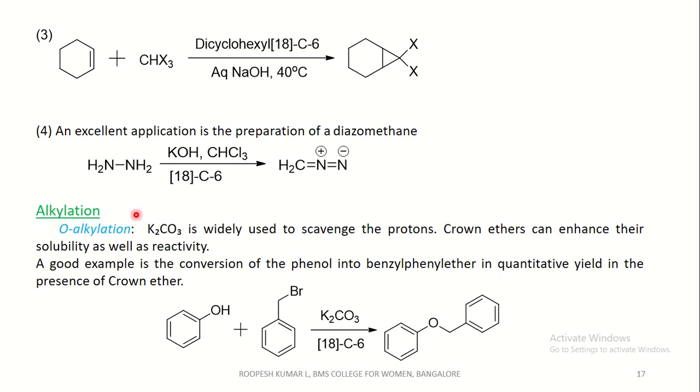Coming to the important properties, that is alkylation. That is alkylation at the oxygen, this is called O-alkylation. Potassium carbonate is widely used to scavenge the protons, that is, used to abstract the protons. Crown ethers can enhance their solubility as well as reactivity. A good example is the conversion of phenol into benzyl phenyl ether in quantitative yield in the presence of crown ether.